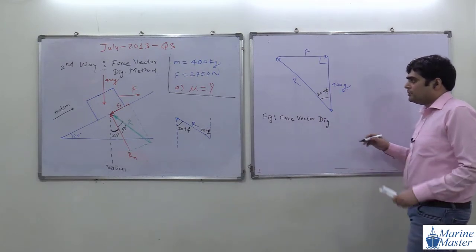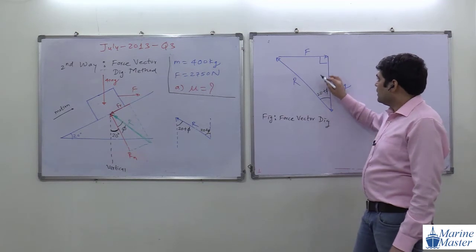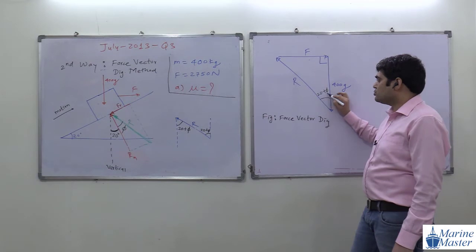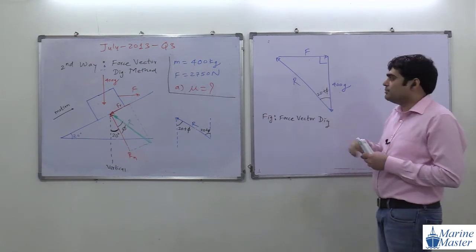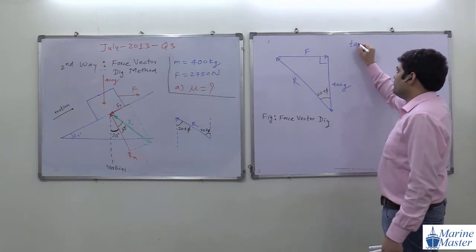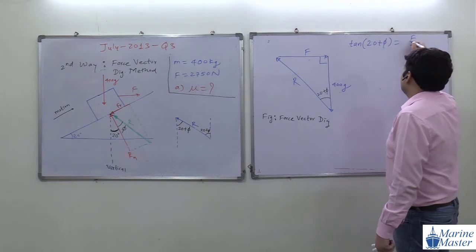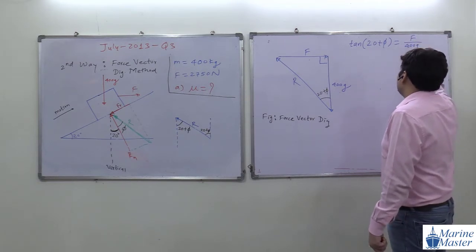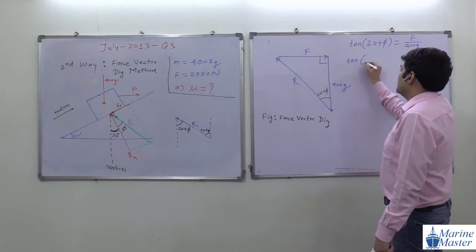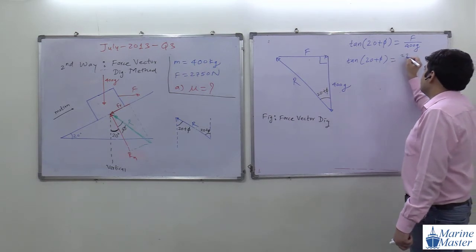Now try to see the scenario. Here this is a right angle triangle, with F opposite and 400 G adjacent to the angle. What is the relation between opposite and adjacent? Tan. So tan of (20 plus phi) equals F by 400 G. So what is the value of F? 2750.